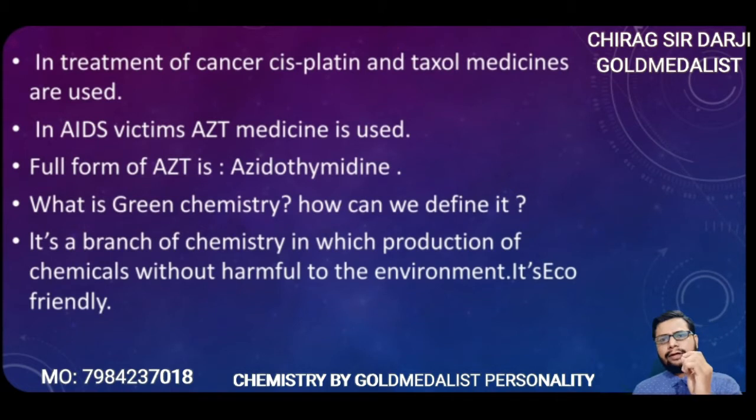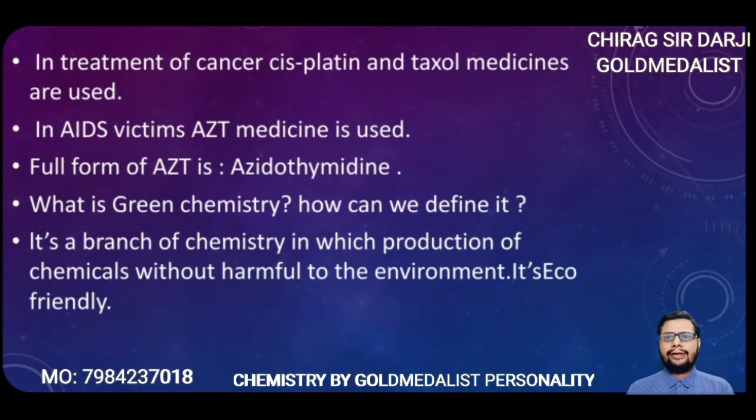So in the treatment of cancer, two medicines are used. One is cisplatin, and the second is Taxol. In the same way, next point, in an AIDS victim, which medicine is used? That is AZT. AZT stands for azithromycin. So you have to remember this point very well.